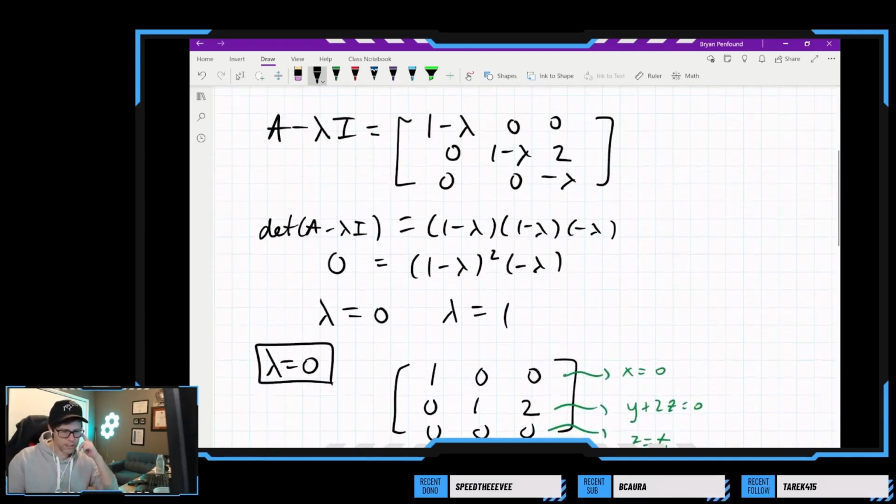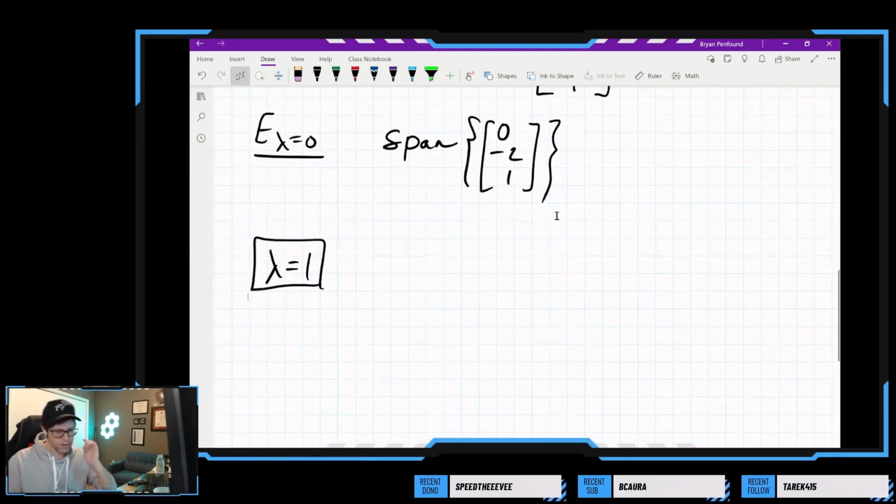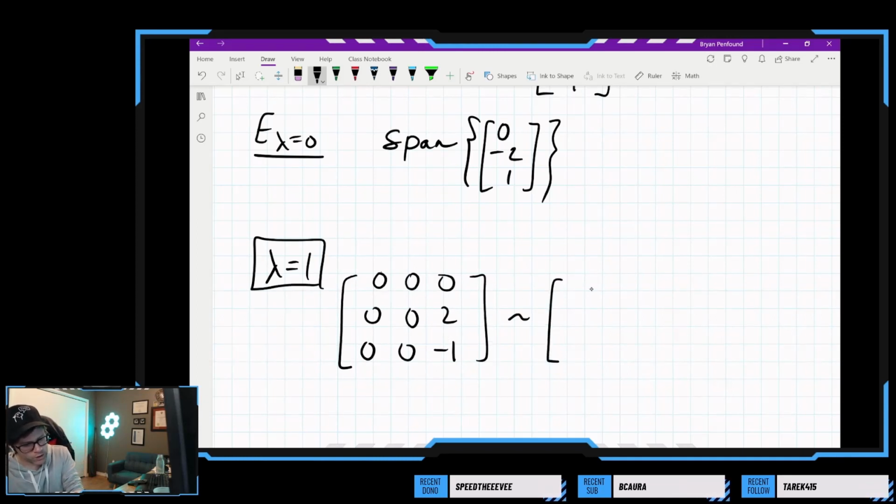We go back and just take a look at our A minus lambda I case. So we should get 0, 0, 0, 0, 0, 2, and 0, 0, negative 1. And if we do elementary row operations, we should get a reduced row echelon form that looks like this.